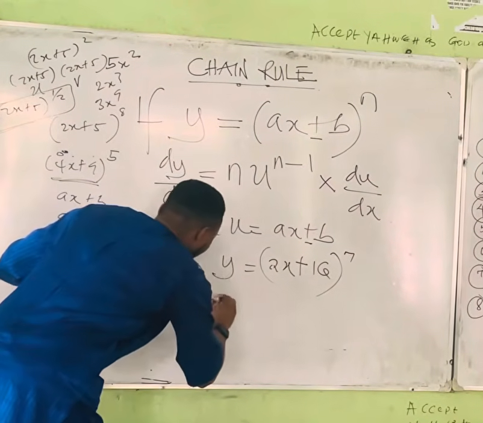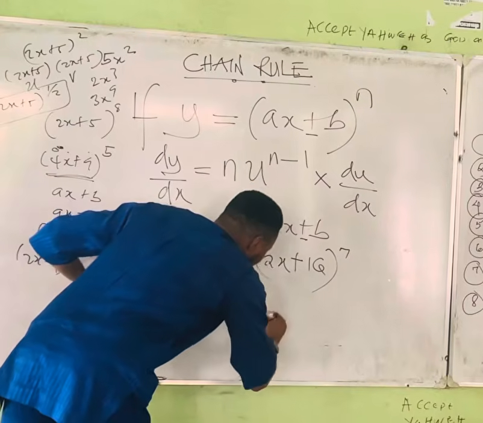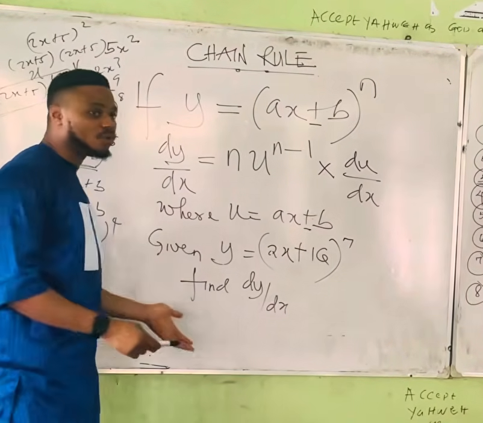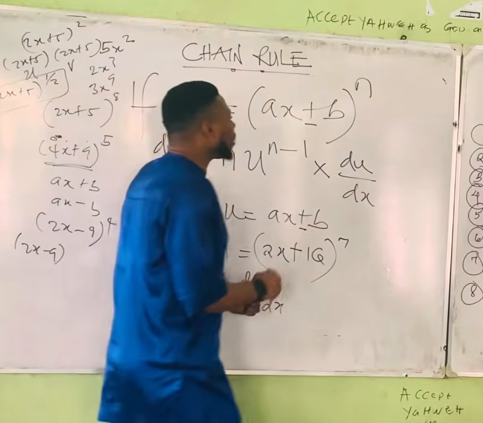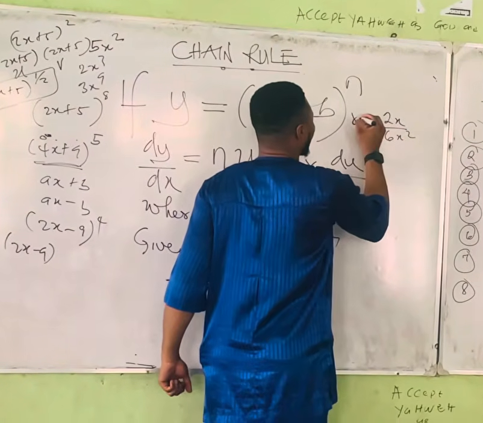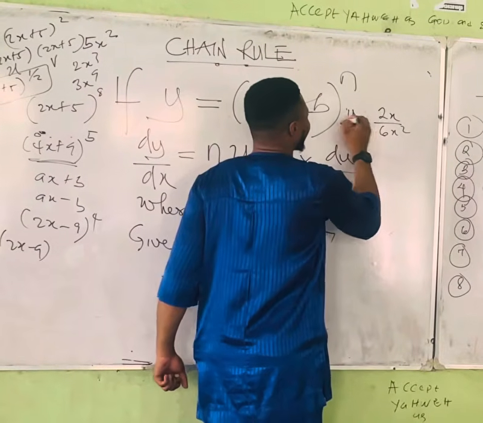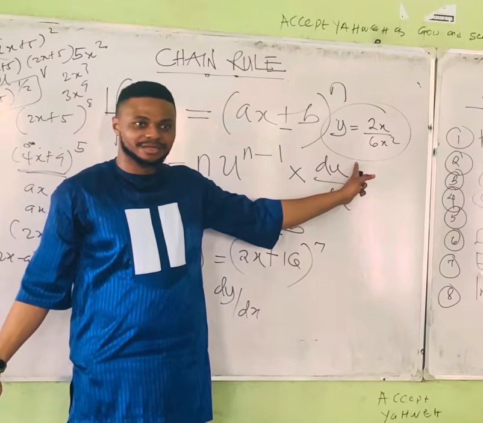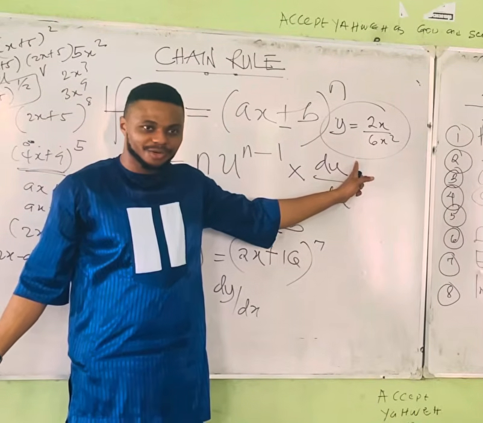Now find dy over dx. You shouldn't wait to be told to use the chain rule. Just the same way, if you see 2x over 6x squared as your y, do you need somebody to tell you the rule to apply? What rule will you apply? Quotient.